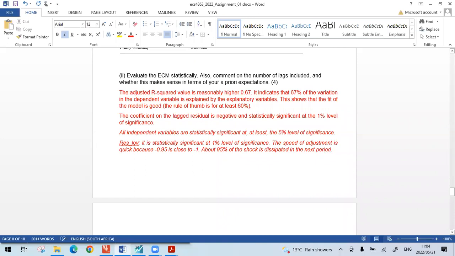That's why I wanted you to understand the theory, so you find a way of being different, but it mustn't lose sense, right? So this is what we want to write under the evaluation of the ECM statistically.